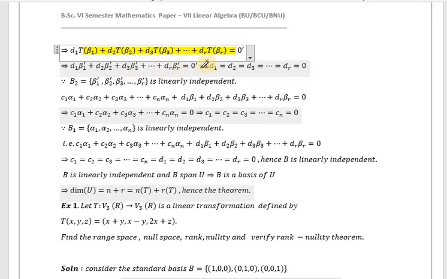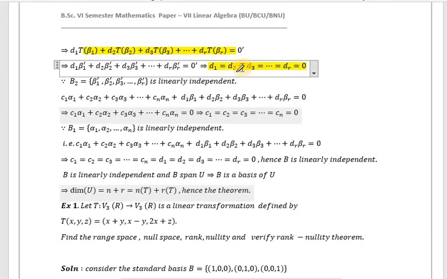The sum of these elements being 0' implies that D1, D2, D3 are zeros, because beta 1', beta 2', beta 3' cannot become 0 since they are vectors, images, of V. Hence, D1, D2, D3 are zeros. When all D1, D2, D3 and so on up to Dr are equal to 0, B2 is linearly independent.